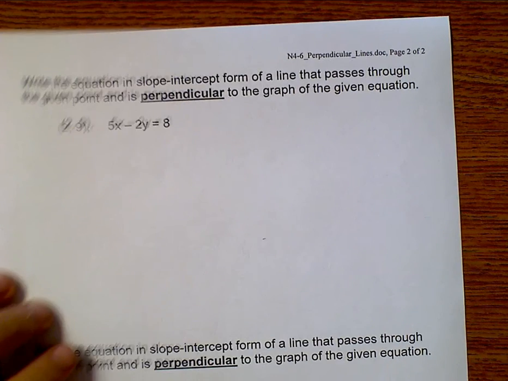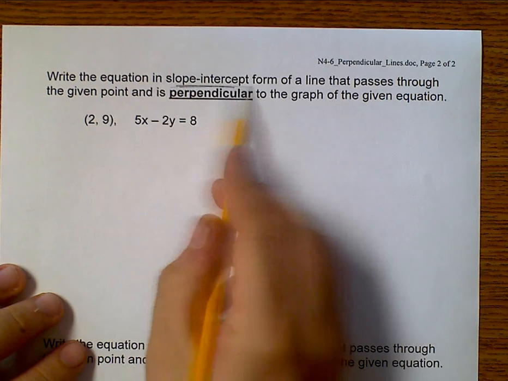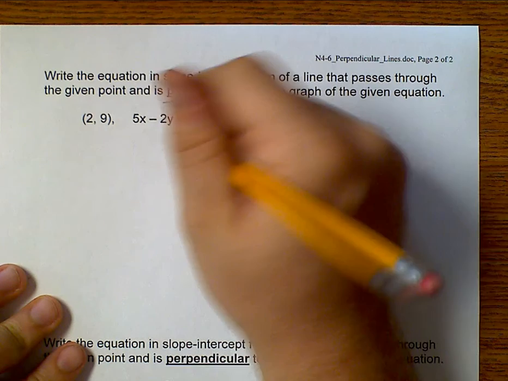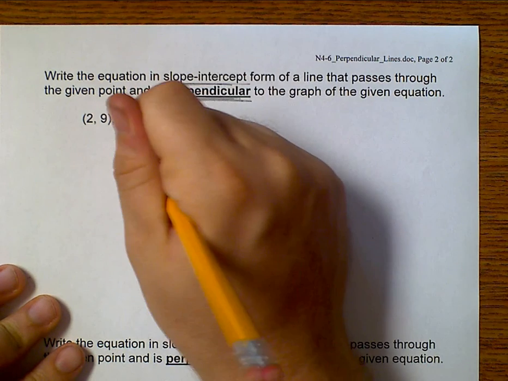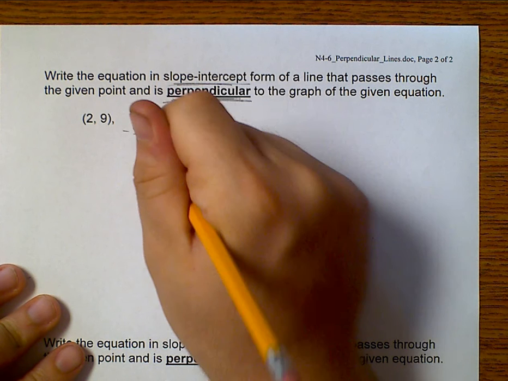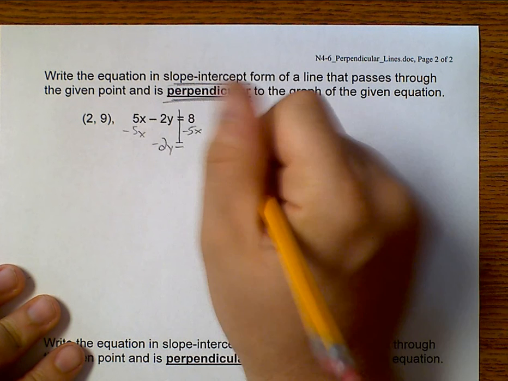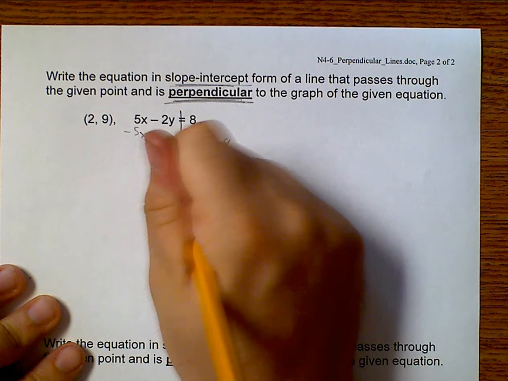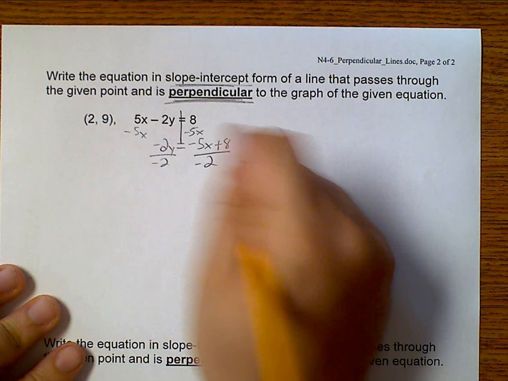All right. We want slope-intercept form, and we want perpendicular. So first, let's find the old slope. We want to subtract 5x. That gives me a negative 2y equals a negative 5x plus 8. Divide everything by negative 2.